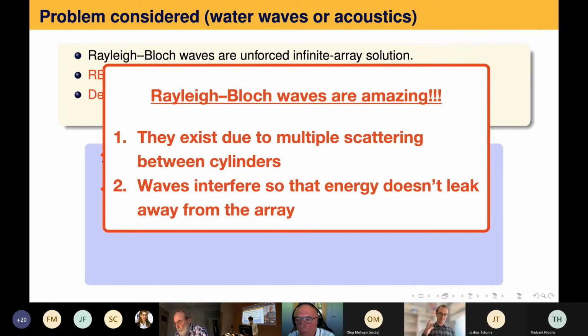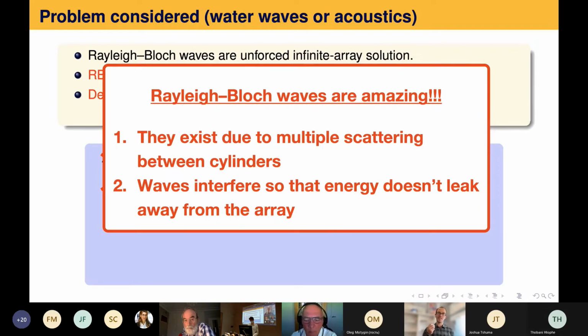Now, with a very, very brief introduction, it's easy to not understand how amazing Rayleigh Bloch waves are. So I just want to give you a couple of things to help you understand why they're worth looking at. So first, there's no one medium that is supporting the Rayleigh Bloch waves.